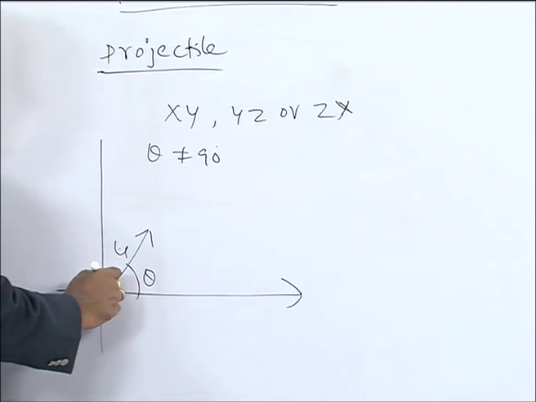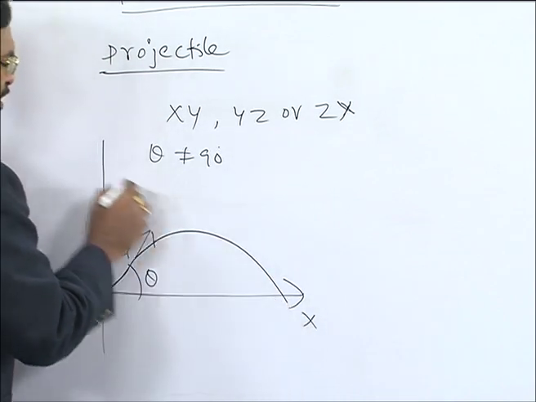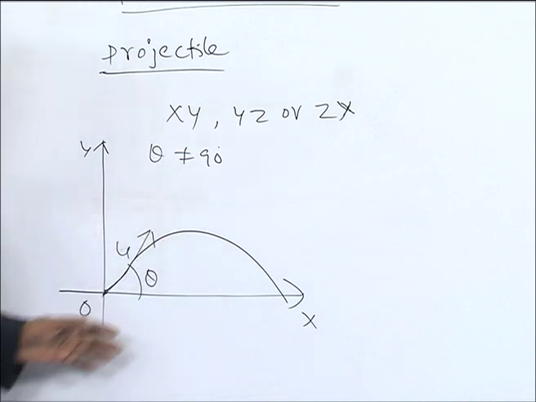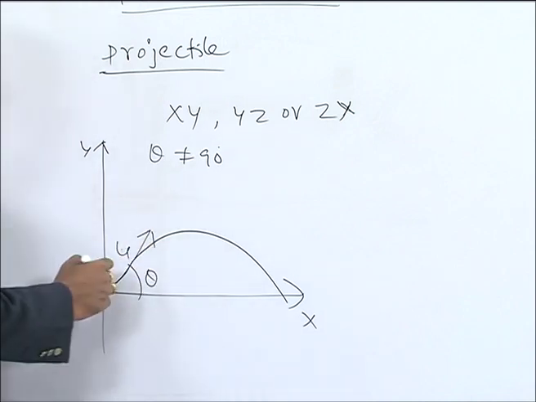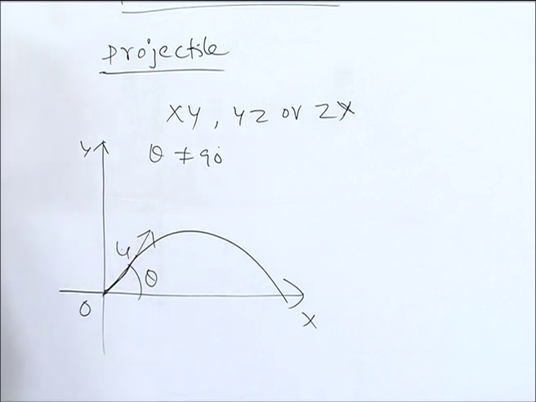The body traces a curved path in a vertical plane. Here O is the origin, with x axis and y axis. What is the trajectory of the projectile? The path of the projectile is a parabola. The body moves in two directions.